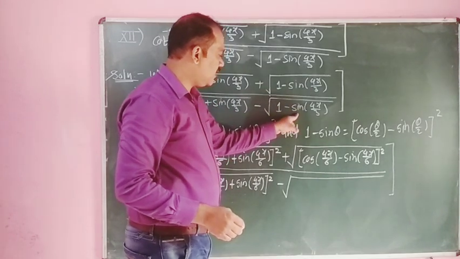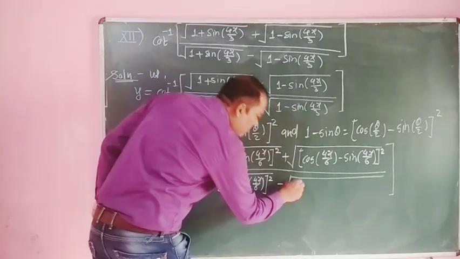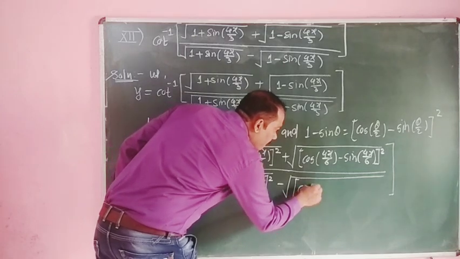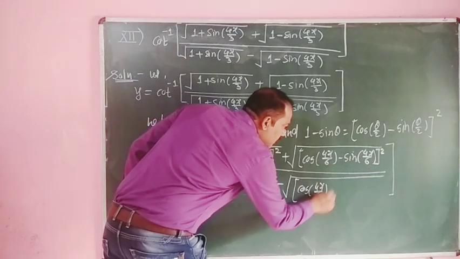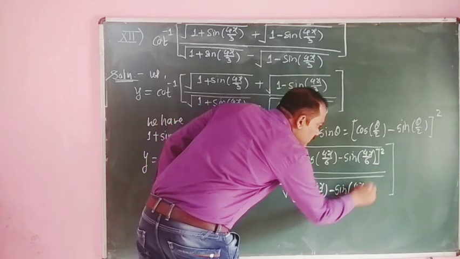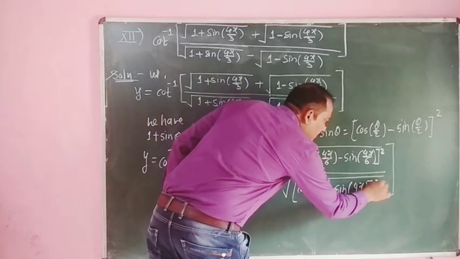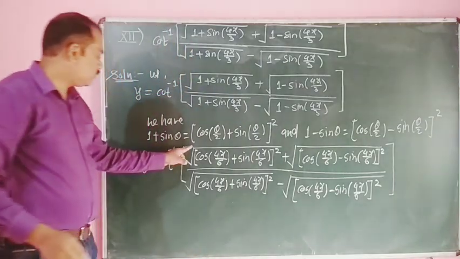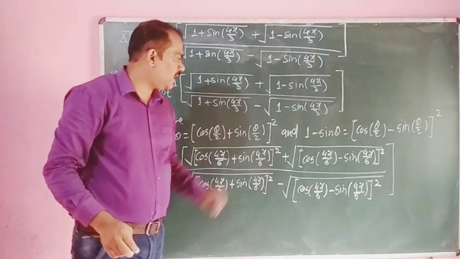Here also 1 minus sine 4x by 3, so we have to use the same formula, (cos of 4x by 6 minus sine of 4x by 6) bracket square. Here square and square root get cancelled.